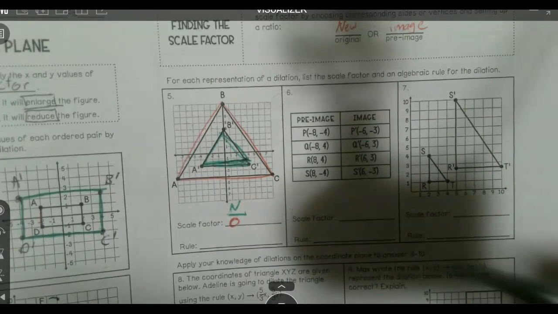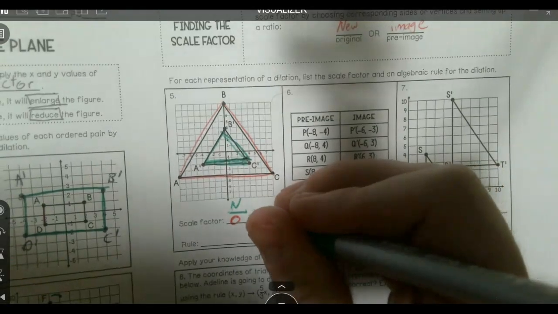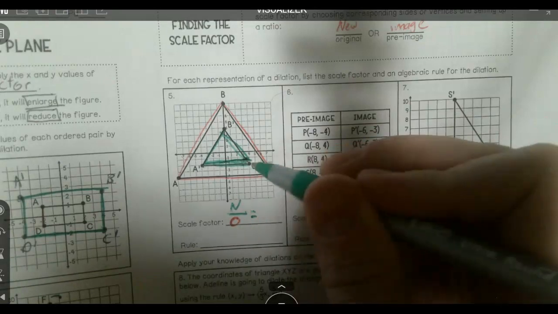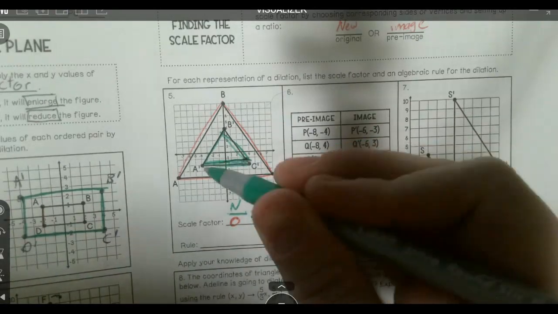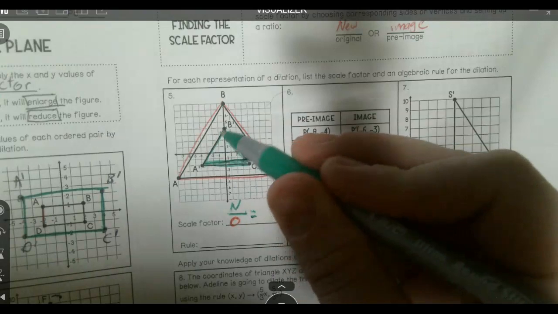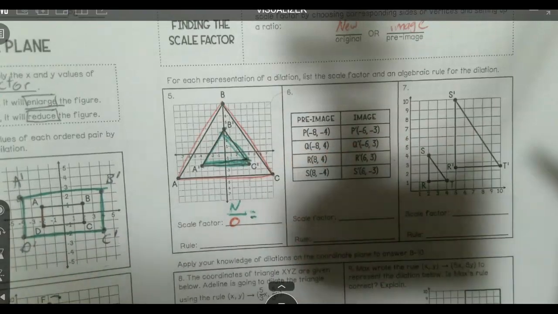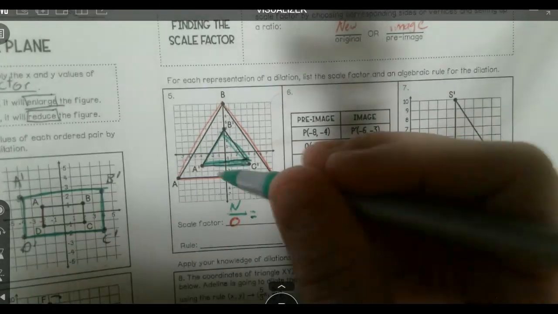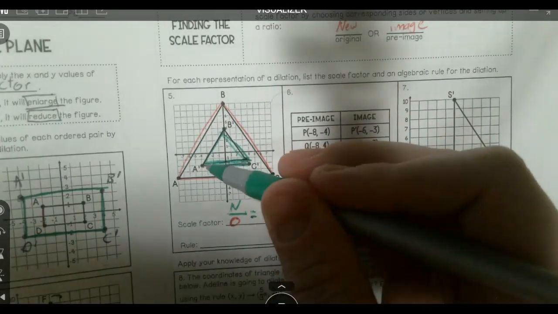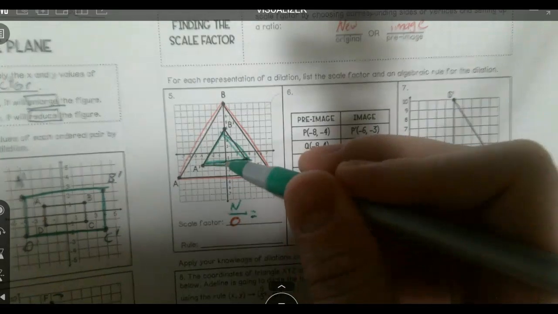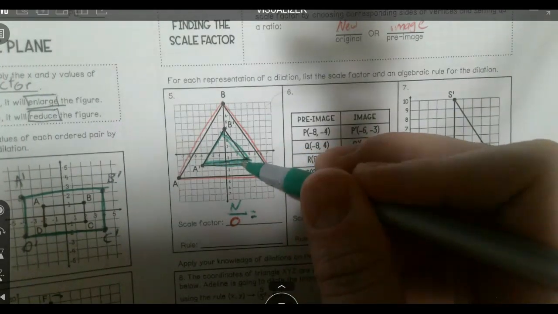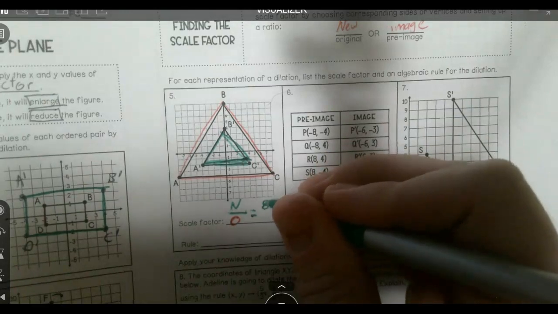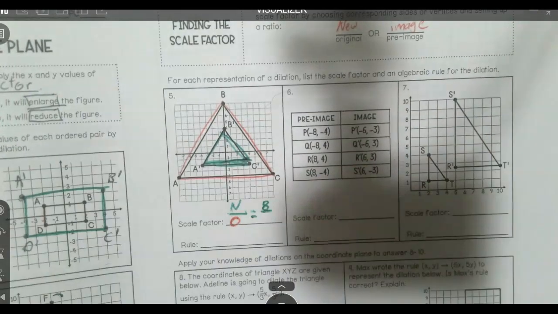Now all I need to do to find my ratio is count how long this side is from A to C. I'm choosing A to C instead of one of these slanted sides because I can't count sideways. I have to count straight. Okay, so let's count: 1, 2, 3, 4, 5, 6, 7, 8. The new shape is 8 boxes.